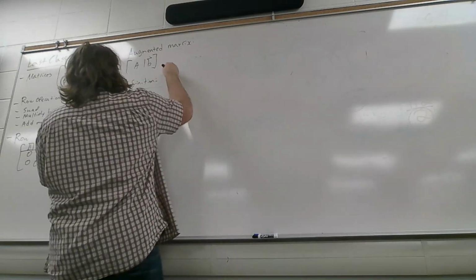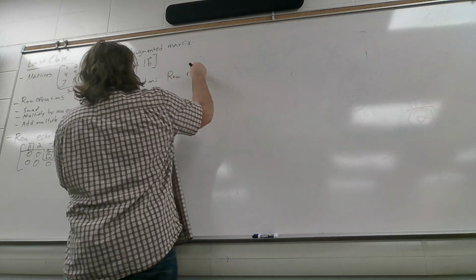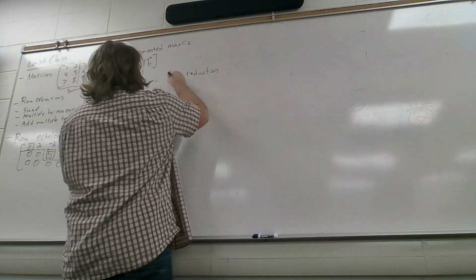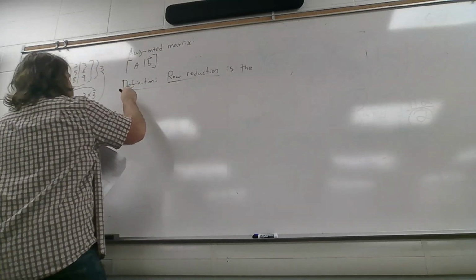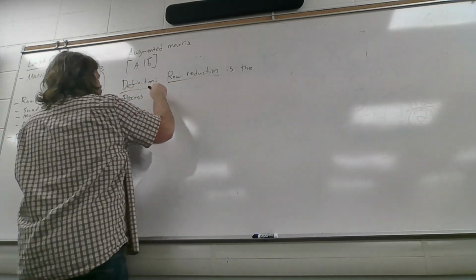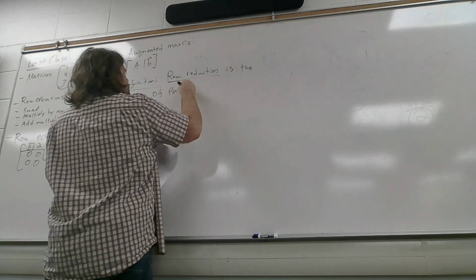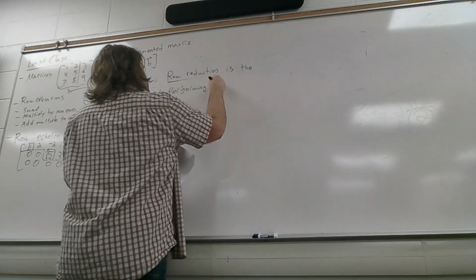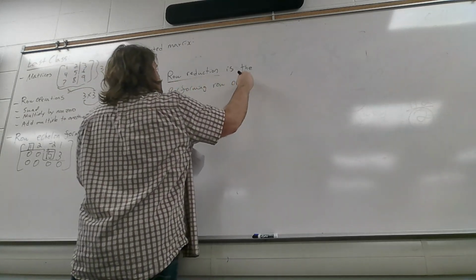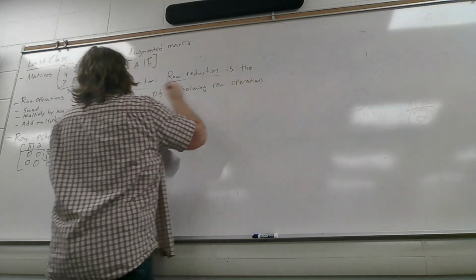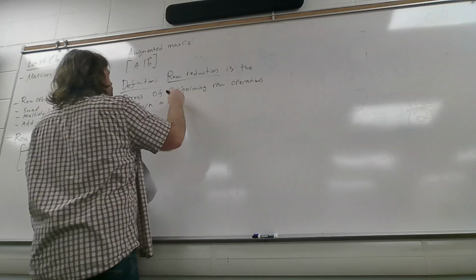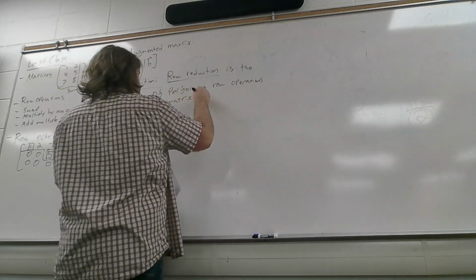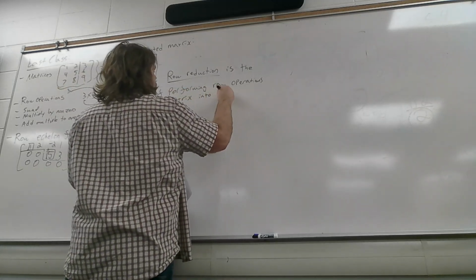So row reduction is the process of performing row operations to turn a matrix into row echelon form.